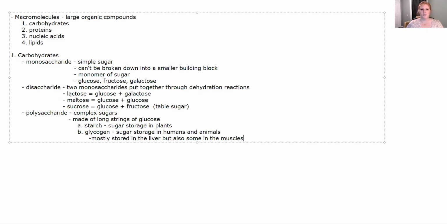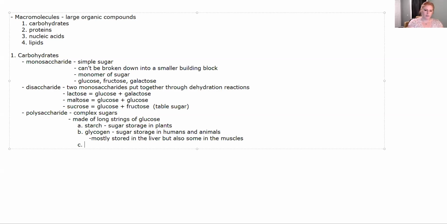That's because when it comes to converting sugar to energy, our muscles are doing a lot of the work. And so we've got a quick store of it there so that our muscles can access it really fast. The stuff that's stored in the liver can go through a variety of conversion processes, from glycogen to glucose and back again.